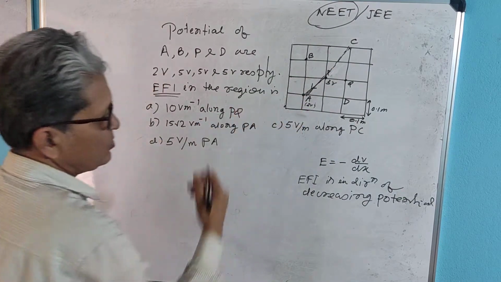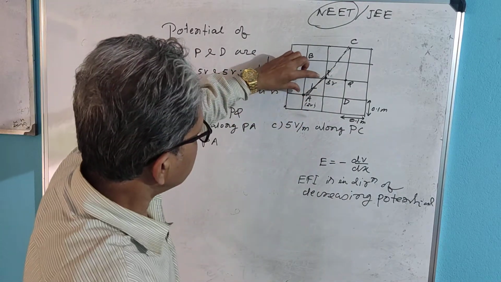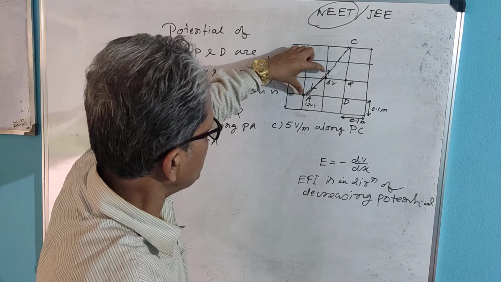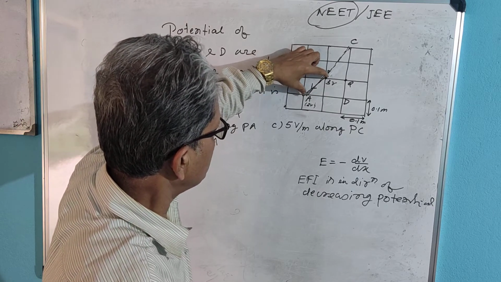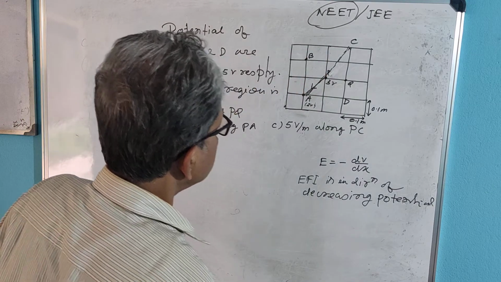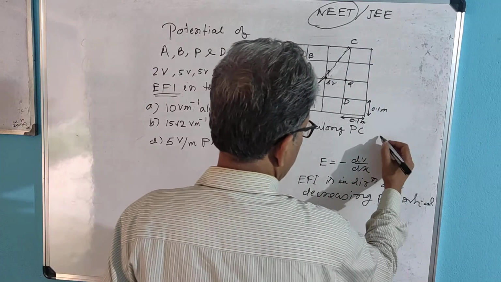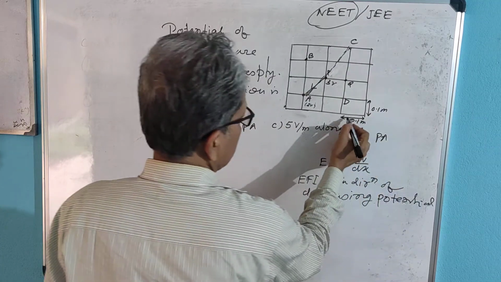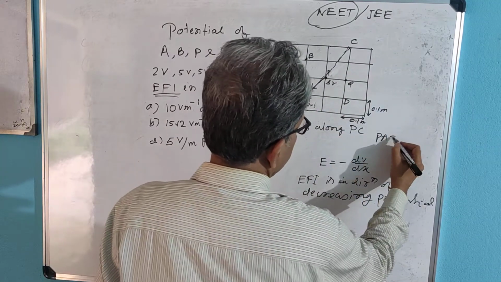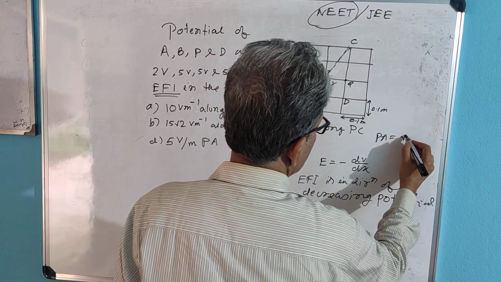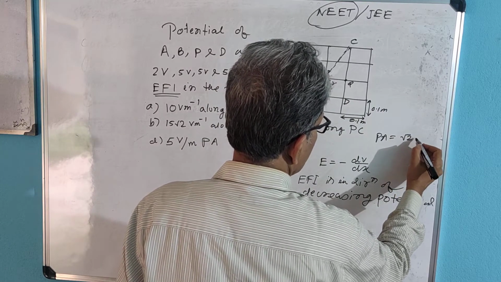This is the distance between two potential points. What will be the distance? PA is 0.1 meter, so PA is root 2 into 0.1 meter.